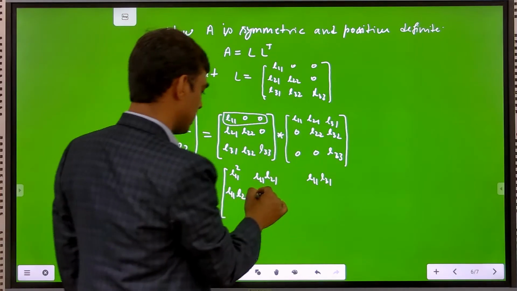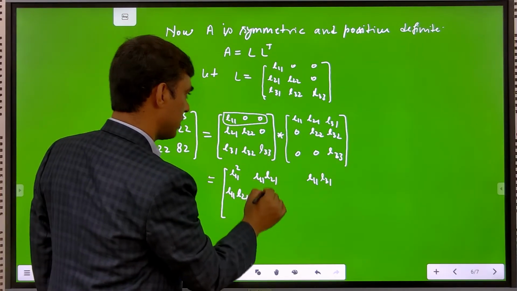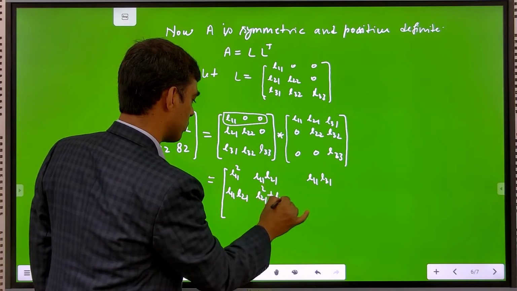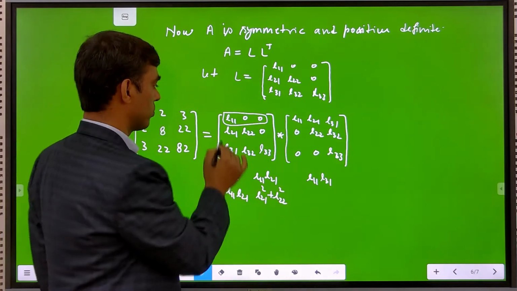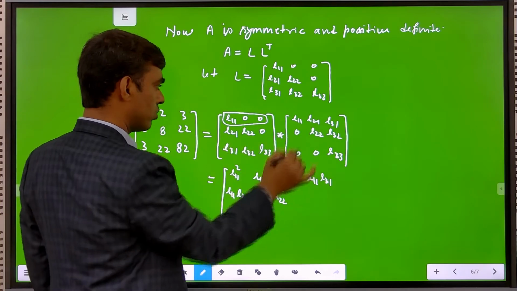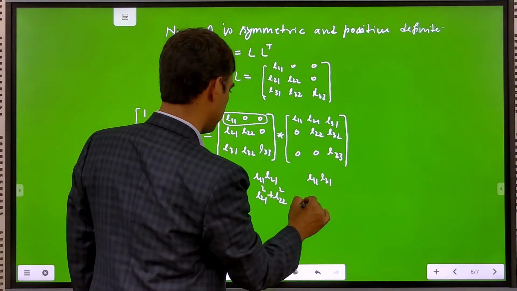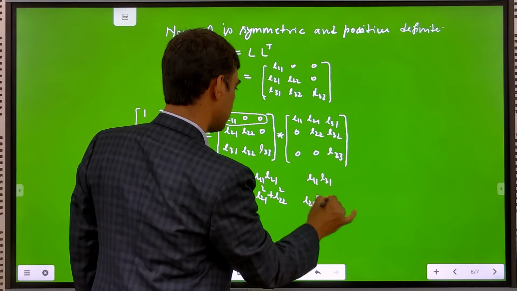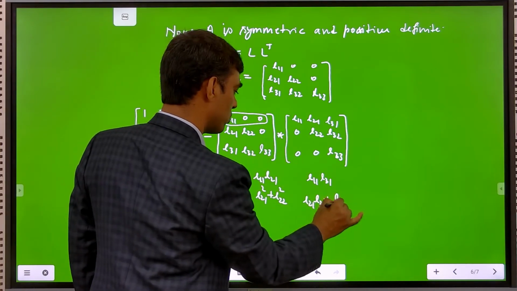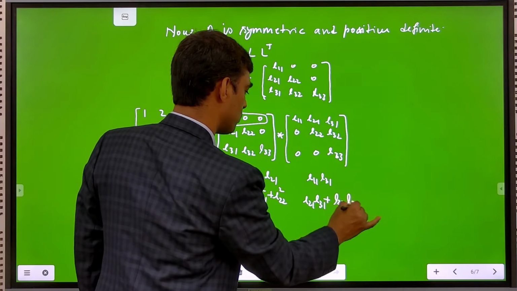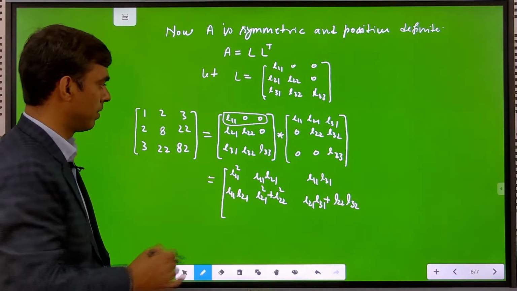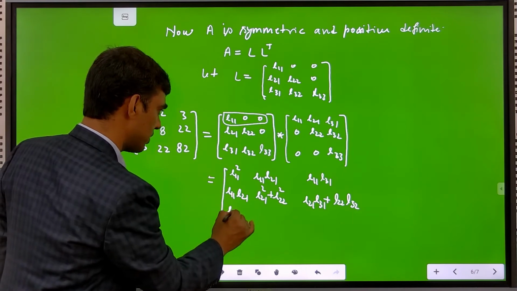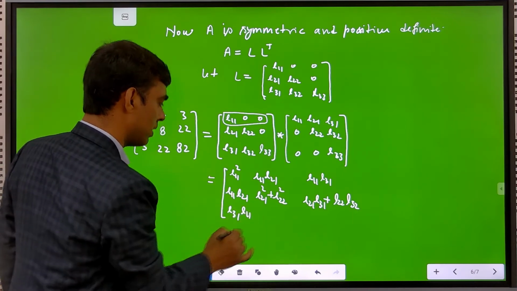Second row, second column: this is L21 square plus L22 square. Second row, third column: this becomes L21 L31 plus L22 L32. Similarly, third row, first column: this becomes L31 L11.